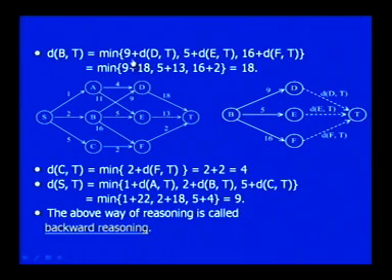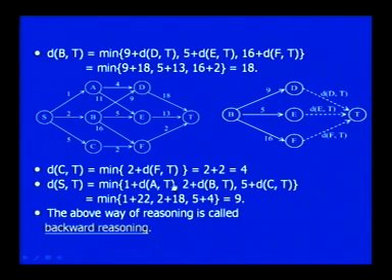Okay. So, it is going to be 9 plus distance between D to T. This is not a sub problem because this can be directly obtained from the graph. So, D to T is 18, 5 plus 13, then 16 plus 2. So, it is going to be 18. So, the minimum is, you can see very well, going to be 18 only. So, that is what your D of B comma T is all about.